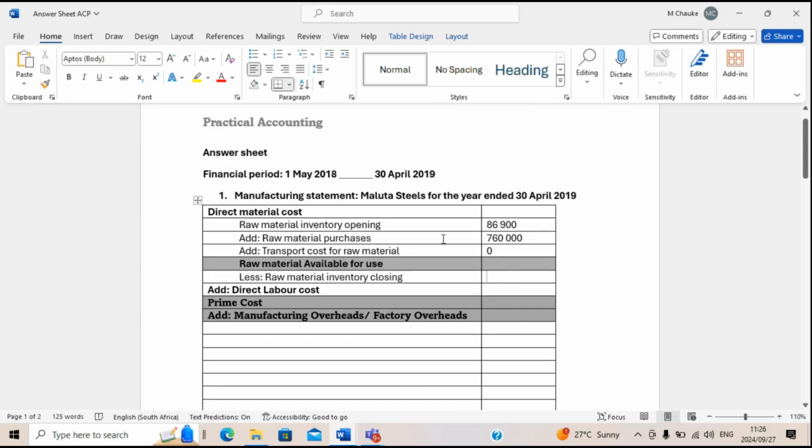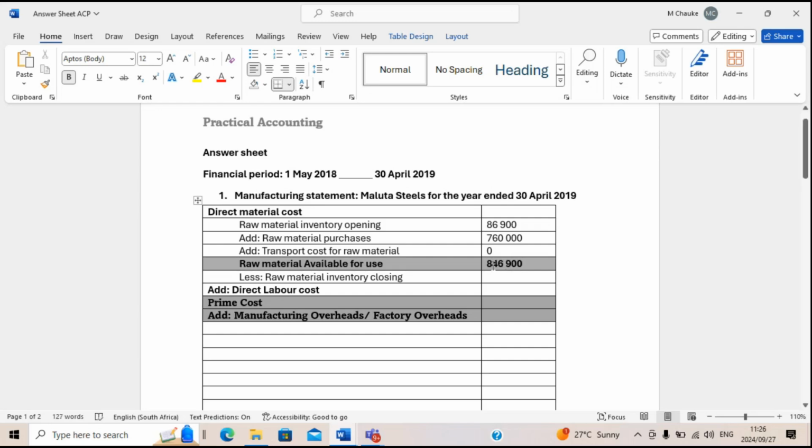So now let's go and calculate our raw material used. Our raw material used is going to be 86,900 plus 760,000, and then I get 846,900, right?